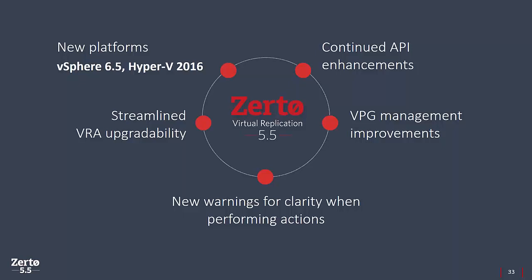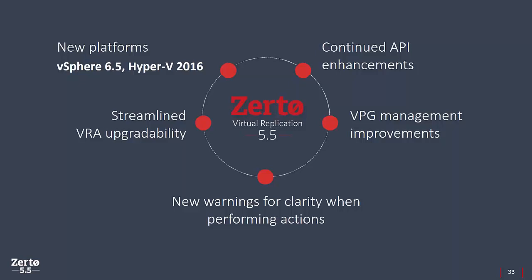We've also done a number of things to streamline operational efficiencies, like for instance streamlining the VRA upgrade, making upgradability a core differentiator for Zerto. We want this to be as push button as possible. So when you upgrade your Zerto Virtual Manager, your ZVM, you can also select to have the right VRAs upgraded in the right manner.